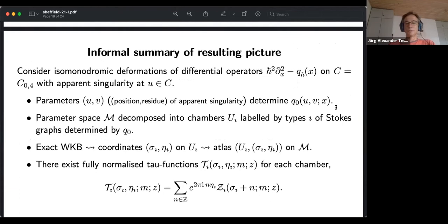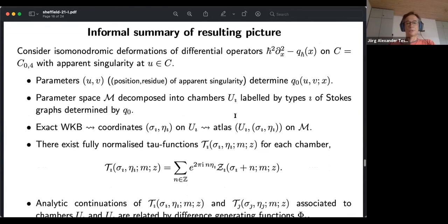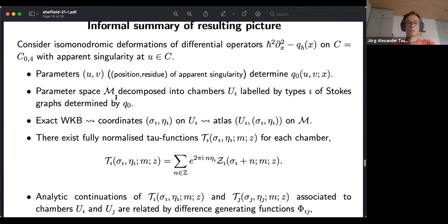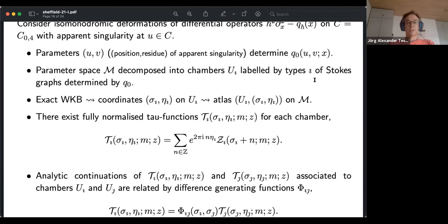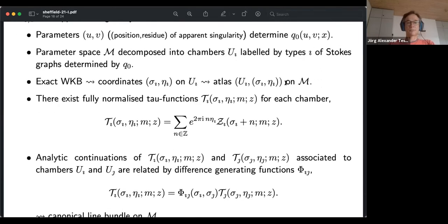So therefore, if we just ask what's the type of Stokes graph, then thereby we're getting a decomposition of the parameter space into chambers. Let's just label them by some index i. So we have these chambers U_i, and we've broken up the parameter space that we work on into chambers, which are determined by this Q_0. And this in turn is determined by u and v, the dynamical variables we have in the isomonodromic flows.